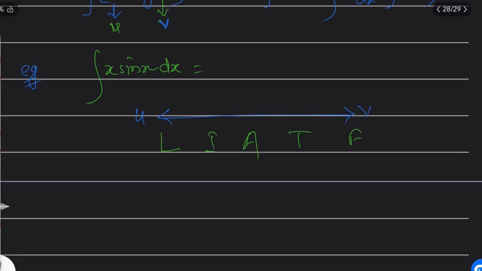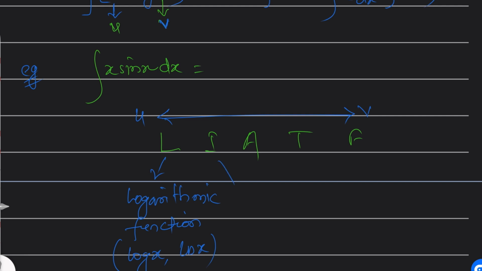Let me show you. L means logarithmic functions. What is a logarithmic function, sir? Log x or ln x, whatever is written, then it is a logarithmic function.